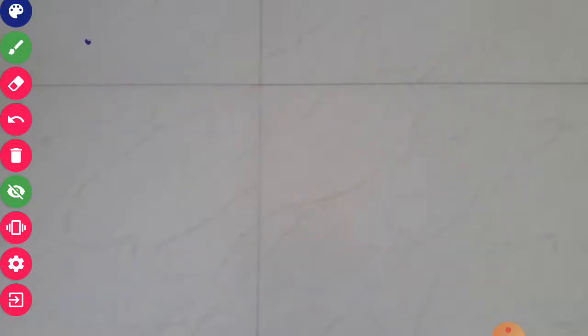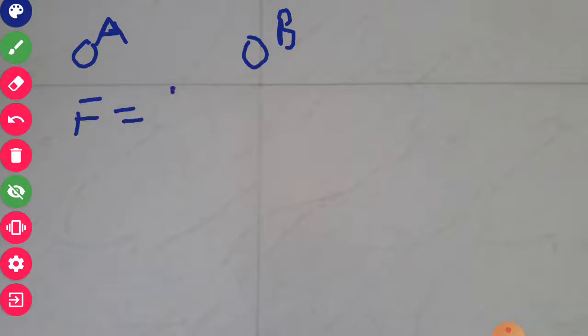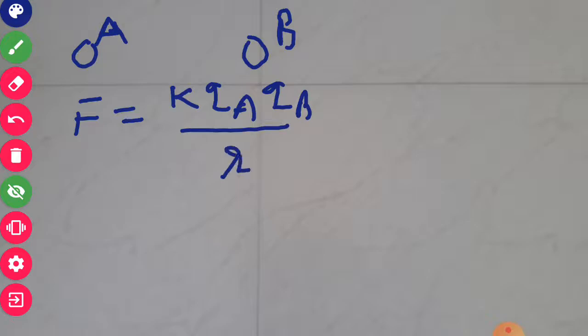There are two spheres, A and B, and the charge on both spheres is the same, 6.5 into 10 raised to minus 7, and this is a positive charge. So the repulsive force between these two spheres, according to our formula, is K QA QB upon R square.